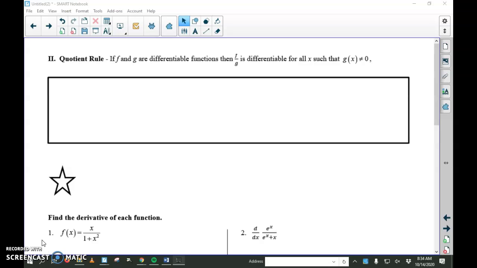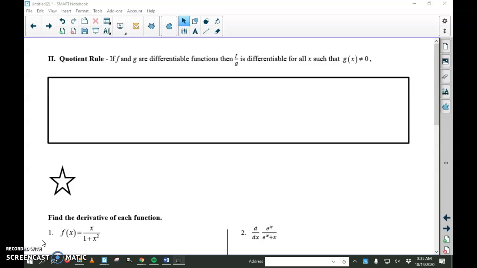So it says if f and g are differentiable, meaning I'm able to find a derivative of those functions, then f divided by g is differentiable. I can find the derivative of this quotient as long as g of x does not equal 0, right? That's that domain piece of things, where I would not be able to find a derivative where there's a vertical asymptote.